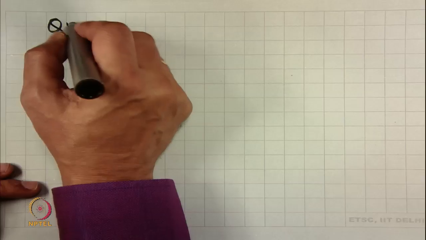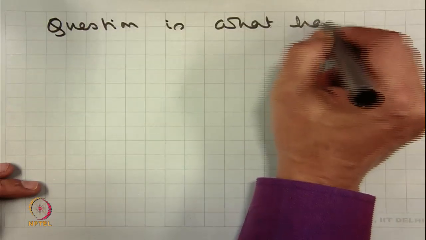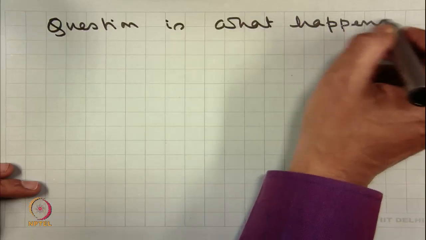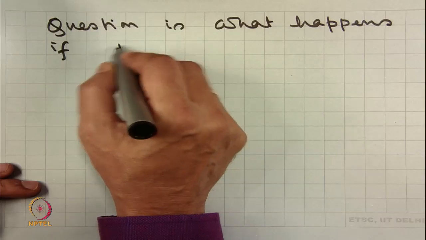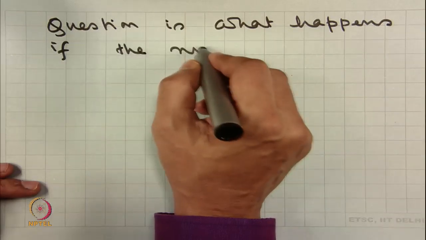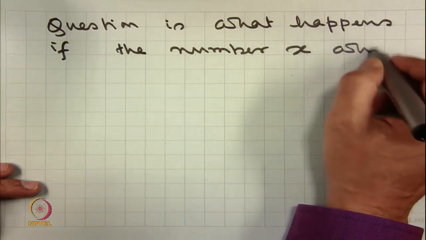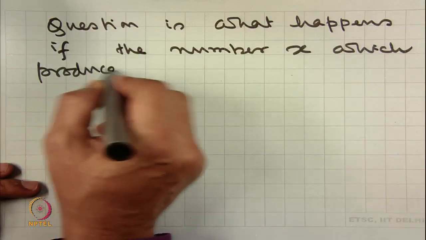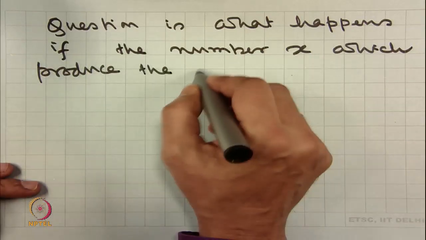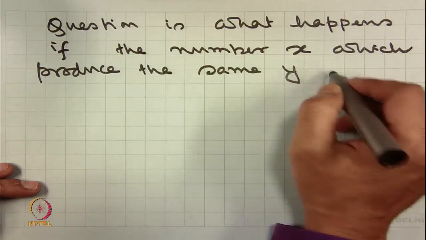Question is, what happens if the number of x which produce the same y is infinite?